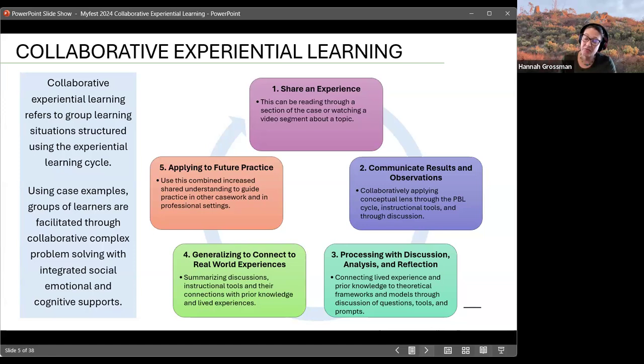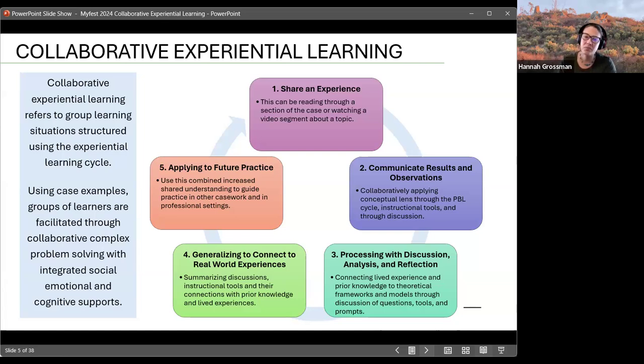In the mental health and behavioral health training that we do at the National Center, we use example cases that involve children and families who are going through hard situations as our experience that our learners are sharing together, reading through sections of the cases or watching a video about a section of a case.